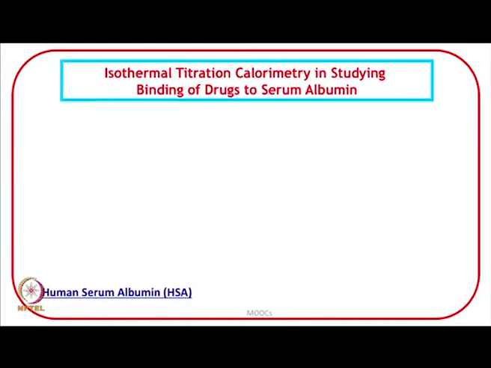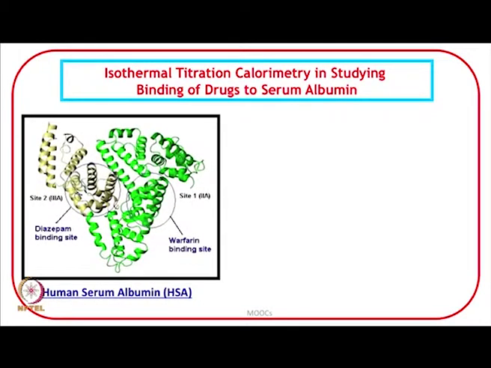And let us have a small discussion on the need of studying protein ligand binding interactions. First of all, let us talk about the interaction of a variety of molecules with a protein like serum albumin.